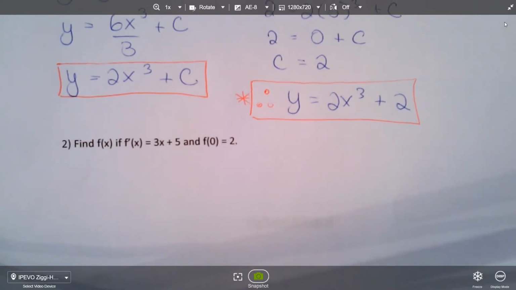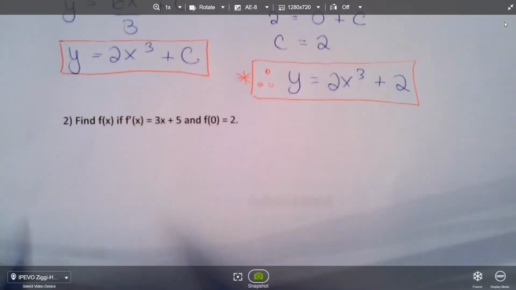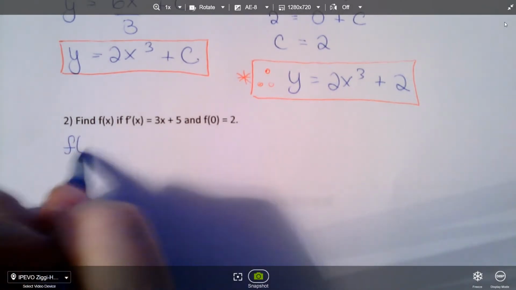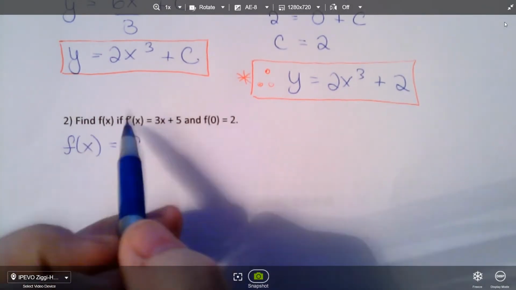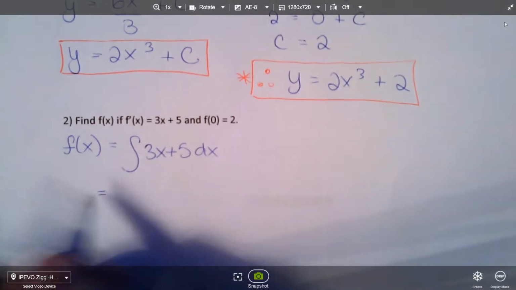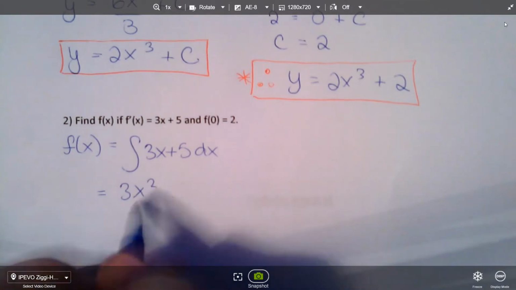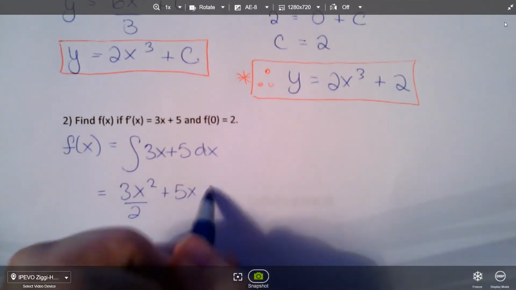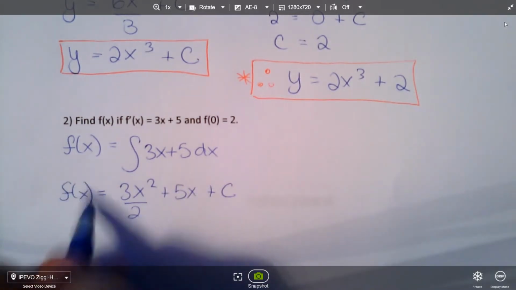All right, so if I apply that same technique here, if I want to find f at x, I have the derivative. I know I want to integrate the derivative. And when I do that, I get the following. Right?